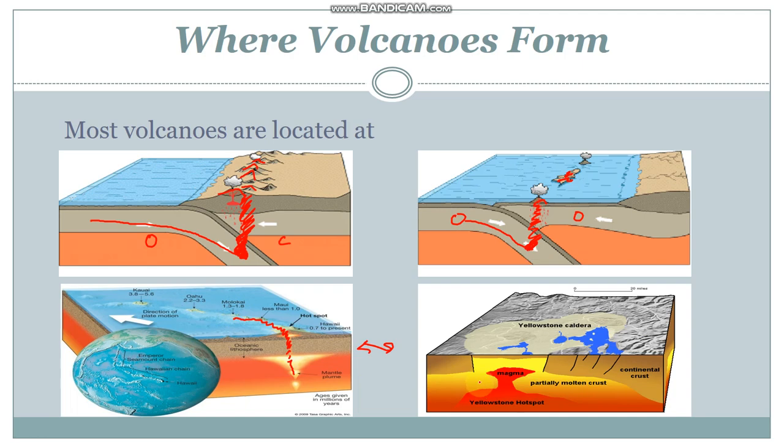Or we could have a hot spot underneath a continental crust that could form a huge caldera, which basically is a huge volcanic eruption that took place in the past and erupted so violently that it expelled most of its magma out of its chamber, and there was nothing to hold the mountain up, and it just collapsed, creating a huge divot in the Earth's surface. But anyway, that could happen due to a hot spot directly underneath a continent.